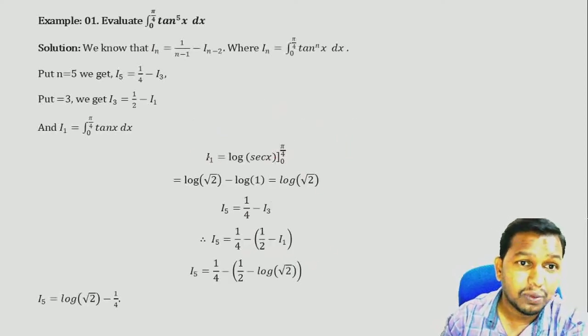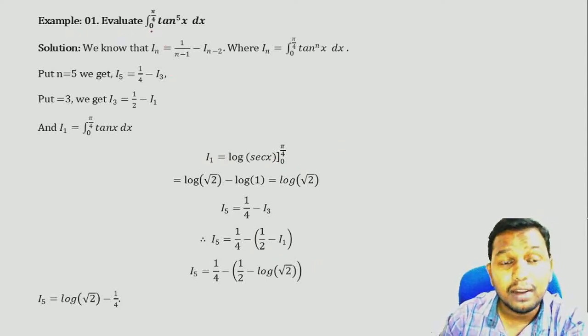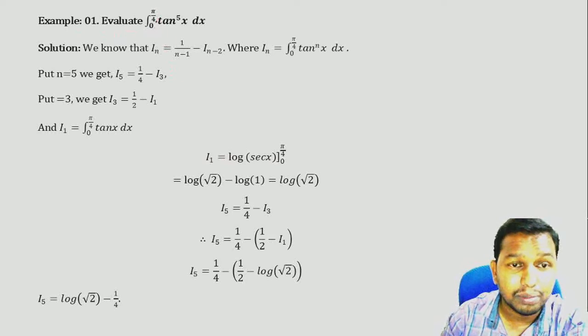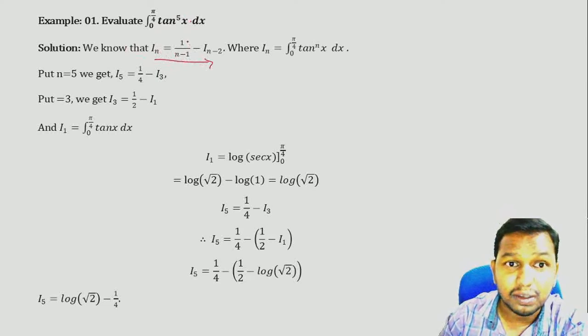So let's see one of the example regarding this formula, that is evaluate integral from 0 to pi by 4 tan to the power 5 x dx. We note that the reduction formula for tan function, that is I_n is equal to 1 divided by n minus 1 minus I_n minus 2.